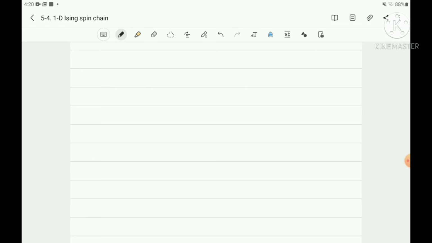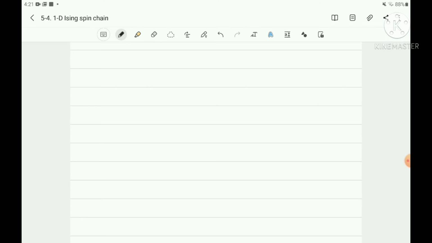Even though the one-dimensional Ising spin chain cannot describe the magnetic ordering, we need to study the Ising spin chain because it has the basic principle of the magnetic interaction and the magnetic phase transition.